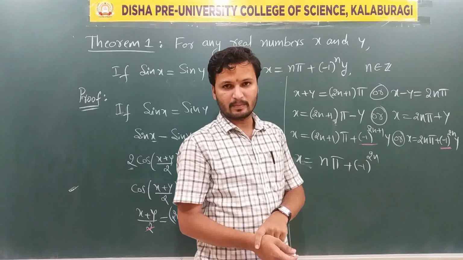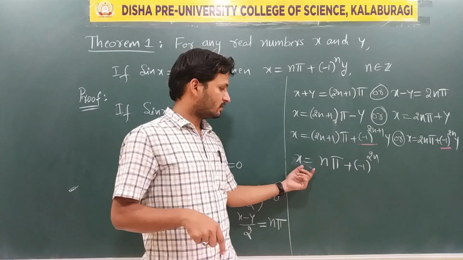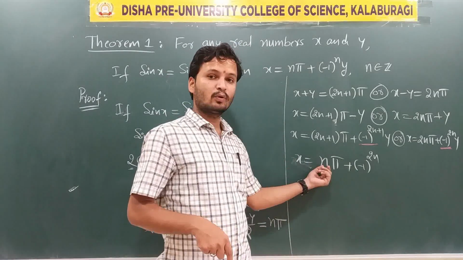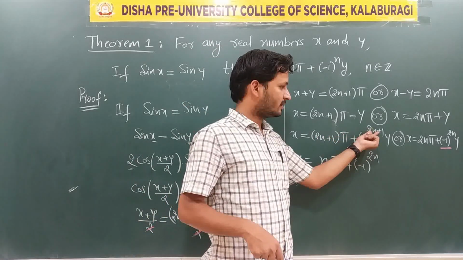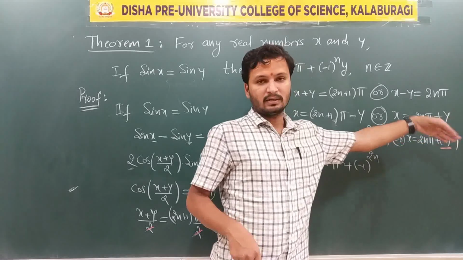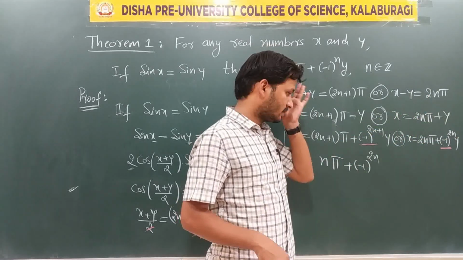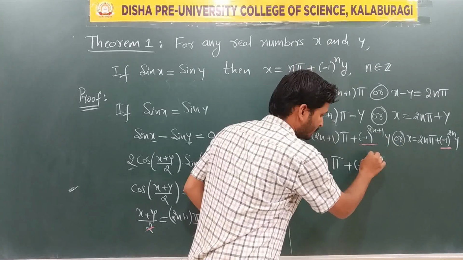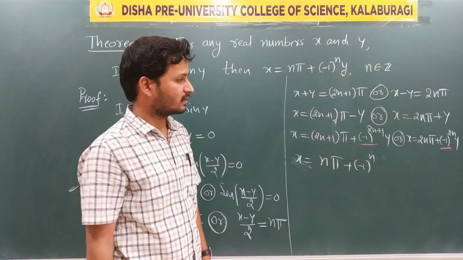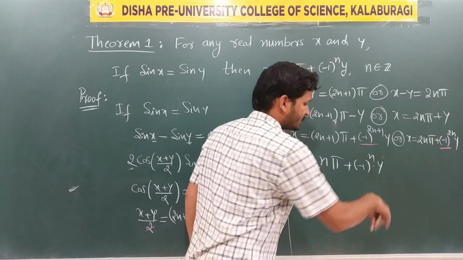Combining, or taking the union, we get pi multiplied with both even and odd. Similarly, minus 1 to the power odd and minus 1 to the power even, combining, minus 1 to the power n, into y as is.